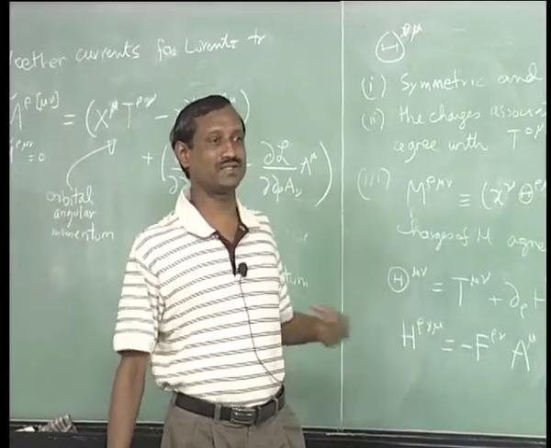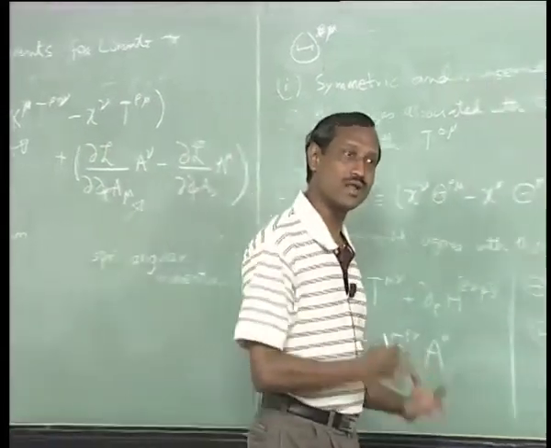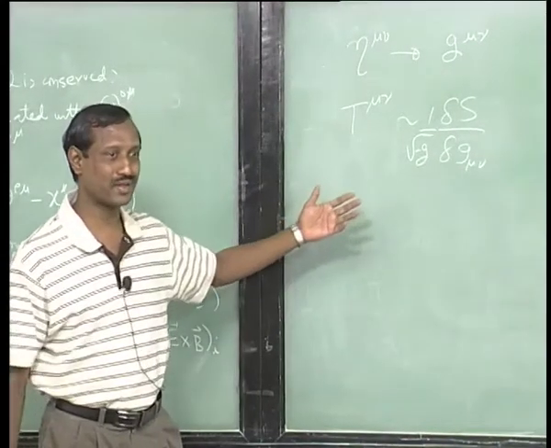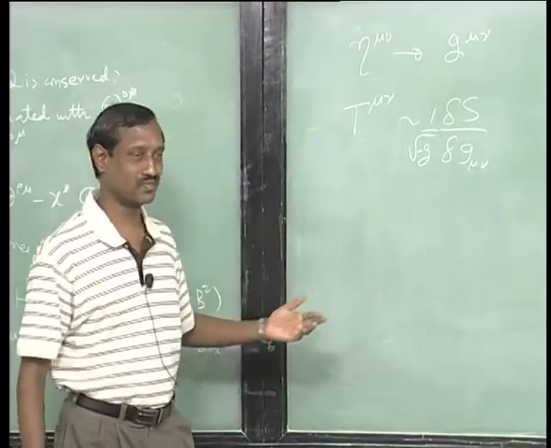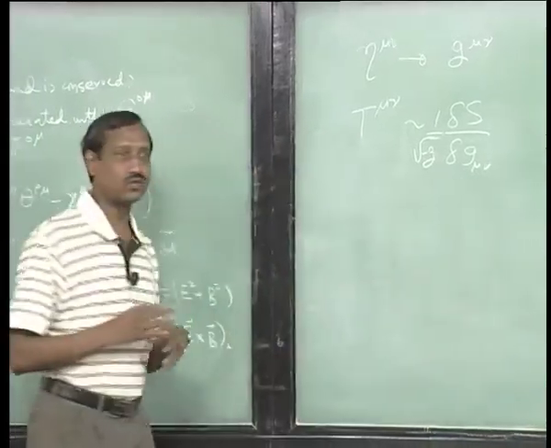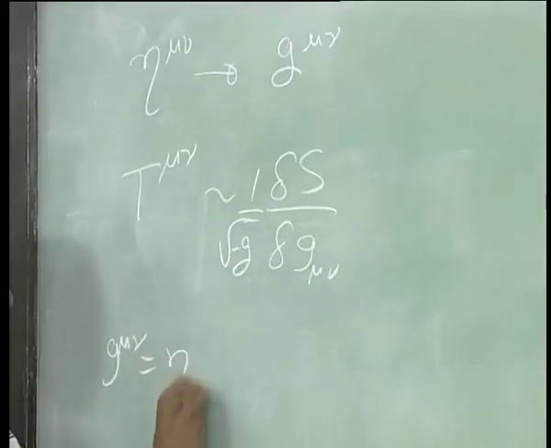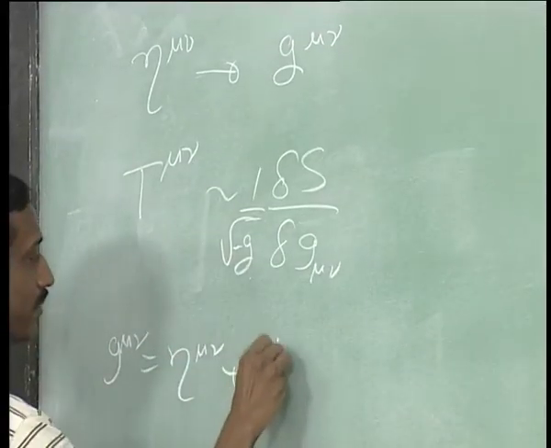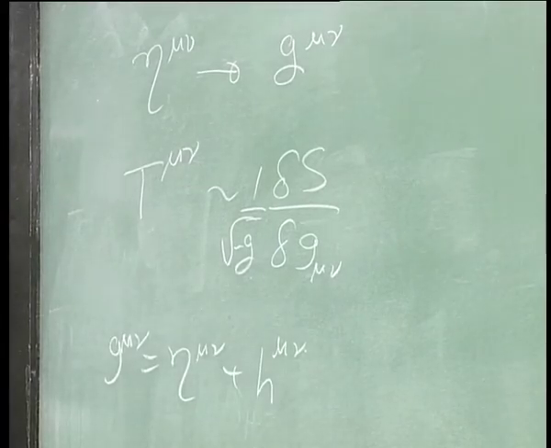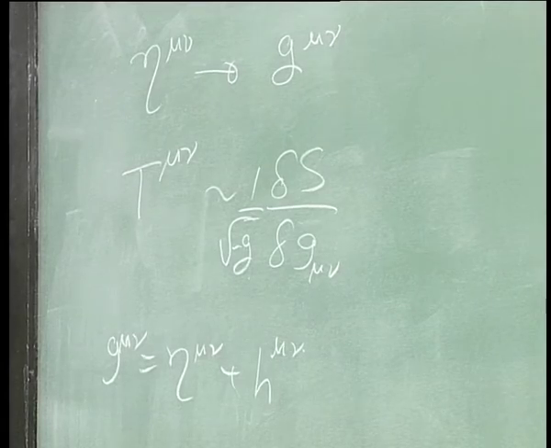That is a different thing, but there is a straightforward way of getting a symmetric stress tensor by thinking of it as the current which couples to gravity, just as we got the current which couples to the gauge field. Another way of saying it is that you take g mu nu to be eta mu nu plus some small parameter h mu nu, and you want the linear coupling such that it is invariant under general coordinate transformations to first order, and there is a minimal way of doing it.